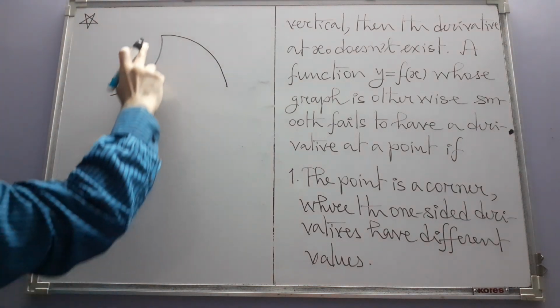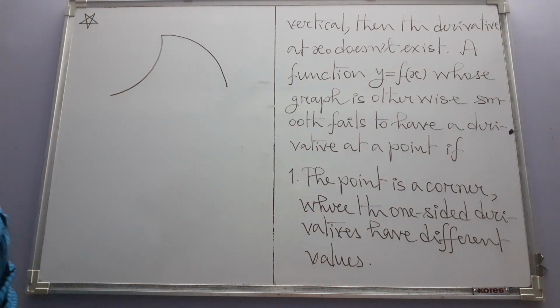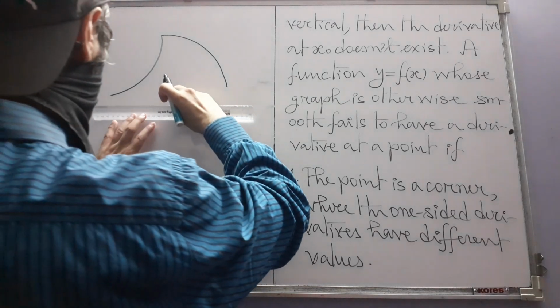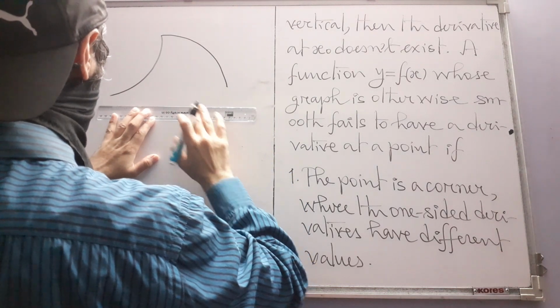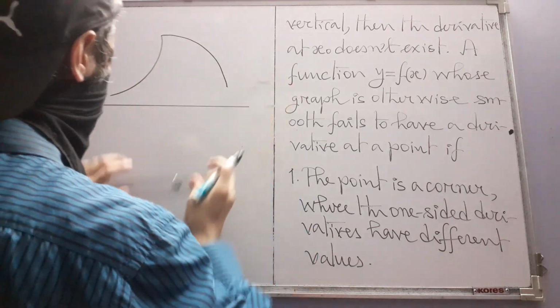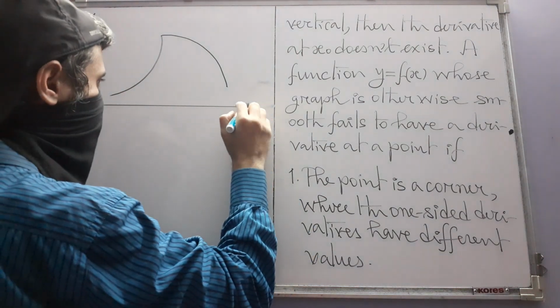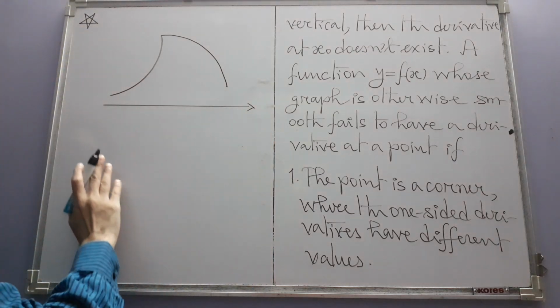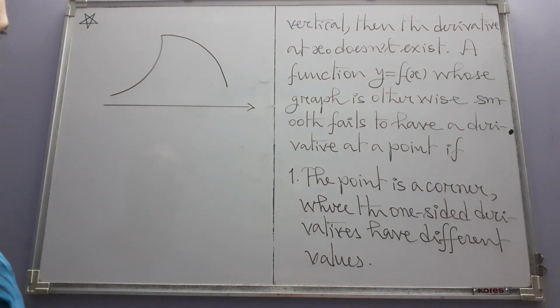Okay, so at this point, whatever this point is, for the sake of seeing what is going on, let us just imagine the x-axis here somewhere and the y-axis is also there. There is no need to draw the y-axis.